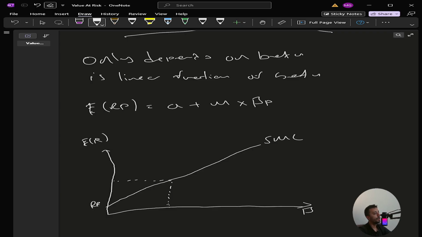And we are looking at our beta and return. So this is about non-systematic risk. Okay, non-systematic risk.